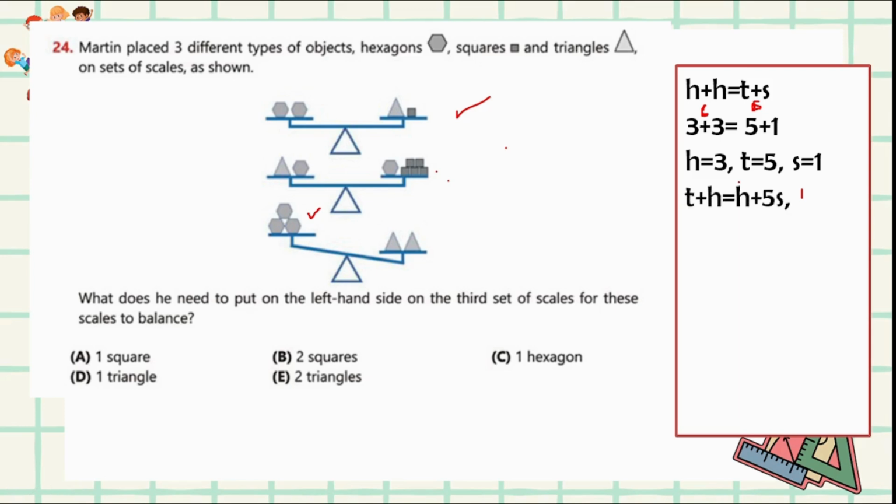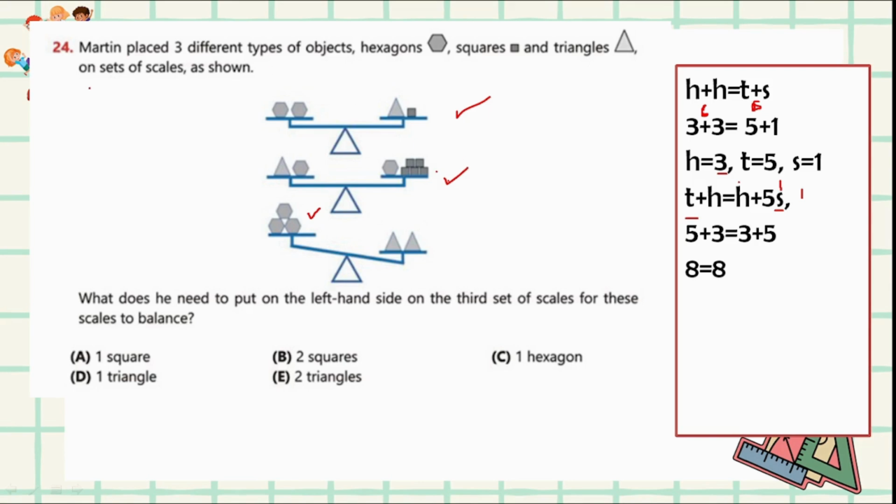If I put values, at the place of H, I will write 3. At the place of T, I will write 5. And then at the place of S, I will write 1. So 5 ones are 5. If we add these on both sides, I have 8. So it means my second equation is also correct because on both sides of the equal I have the same.